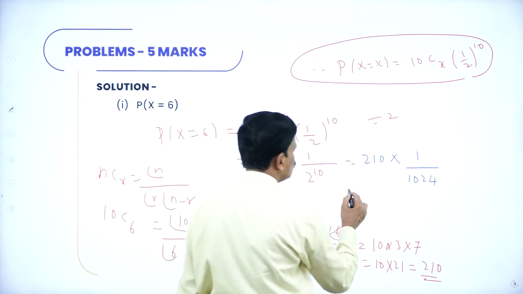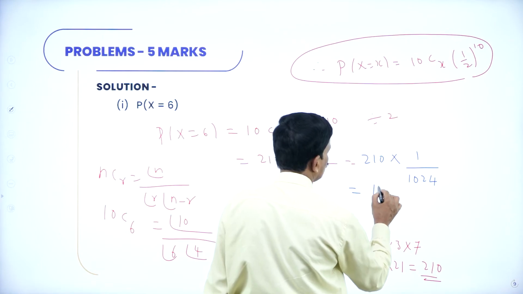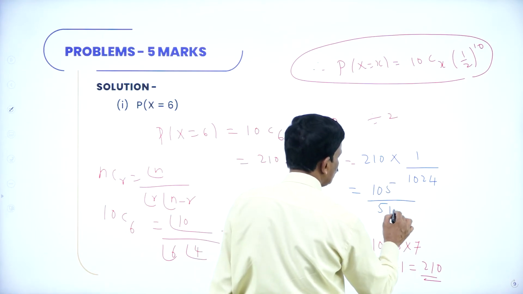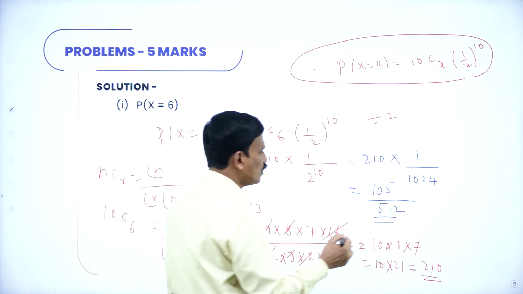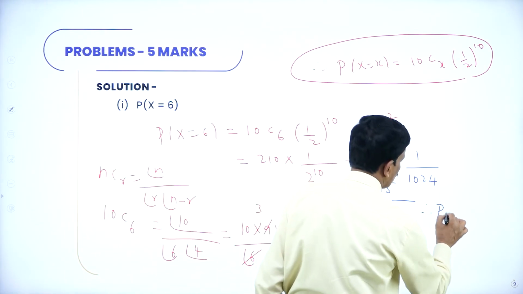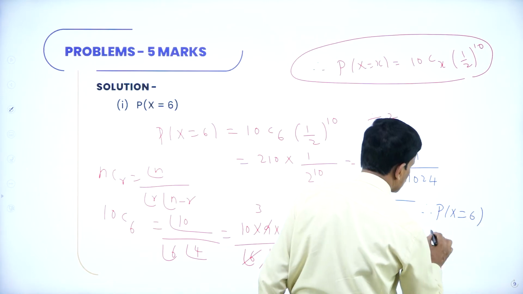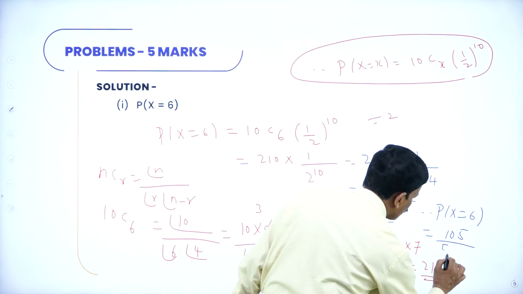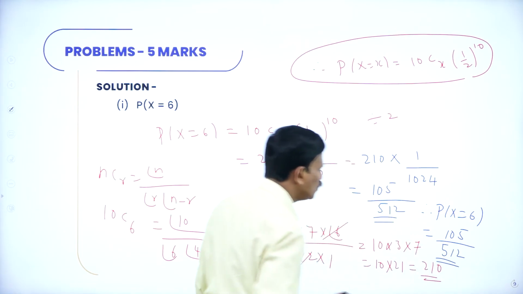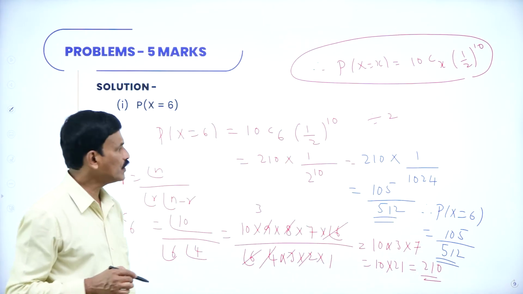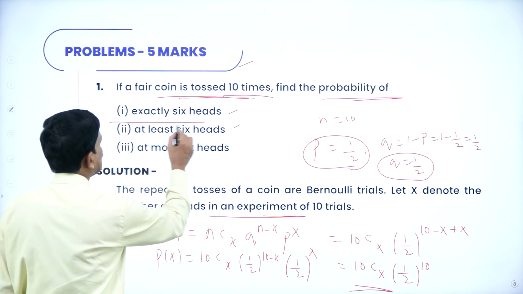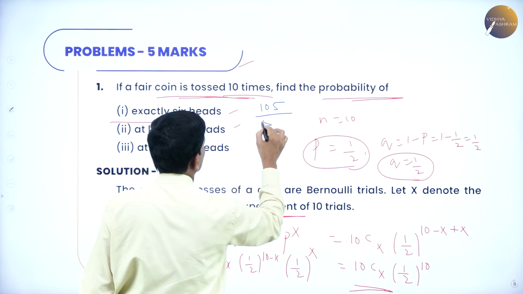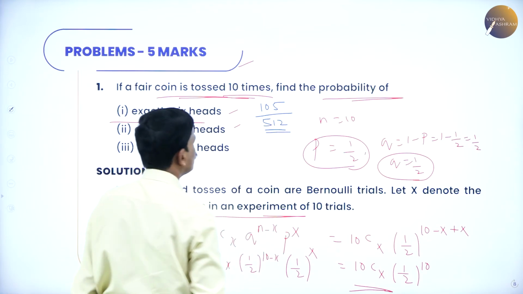Now divide by 2. If you divide by 2, you will get 105 divided by 512. So hence probability of x is equal to 6 is 105 divided by 512. This is the first answer.